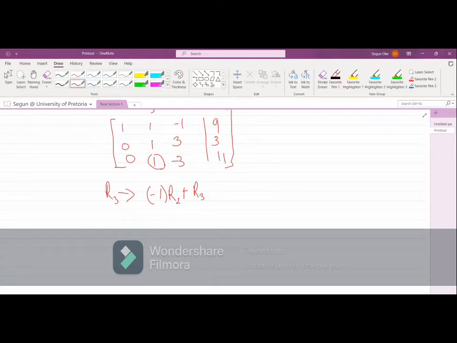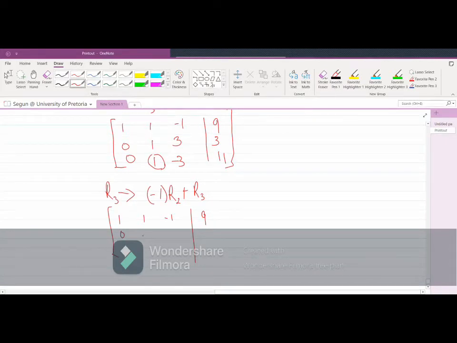Is that okay now? So let's continue. We have our 1, which remains the same. We have 9. Here we have 0. We have 1. I have a question. Go ahead. I said row 3 tends to minus 1 times row 2 plus row 3. If this is a theory question and one does row 3 minus row 2, will it not be marked right?